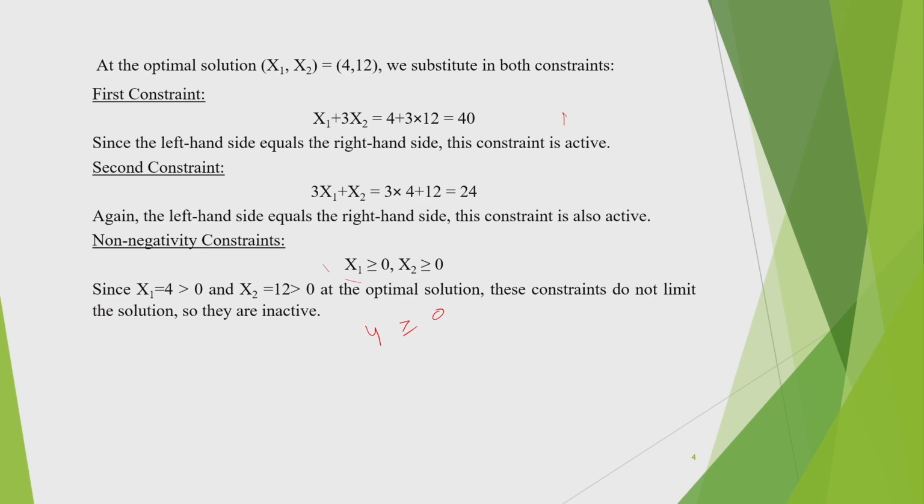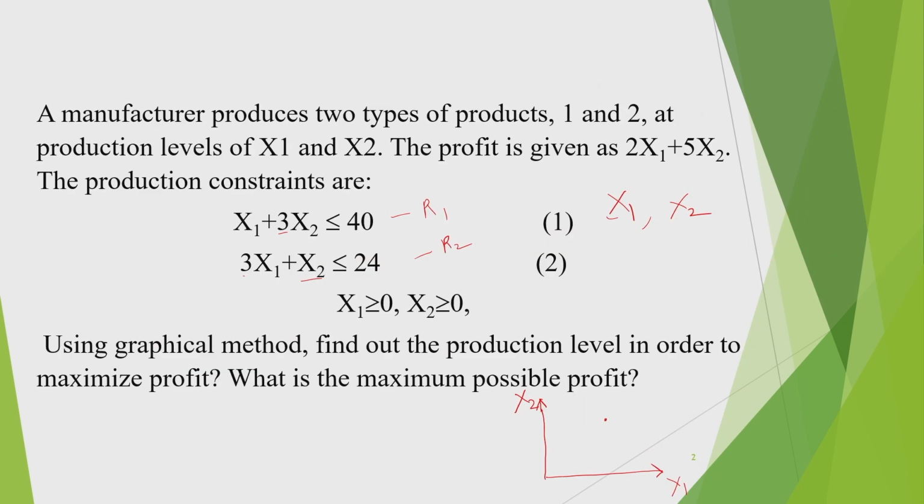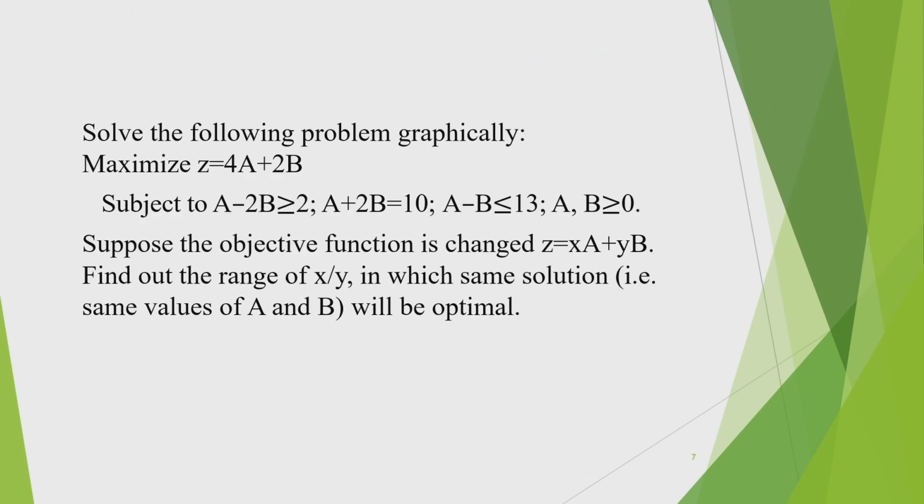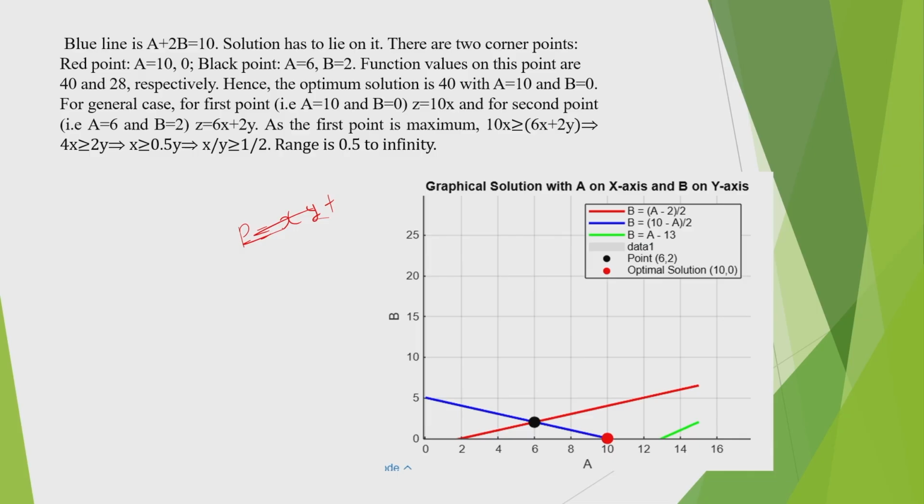For a general solution, z is equal to xa plus yb. In that case, the function values at these points would be: first point z is equal to 10x, and for the second point z is equal to 6x plus 2y.